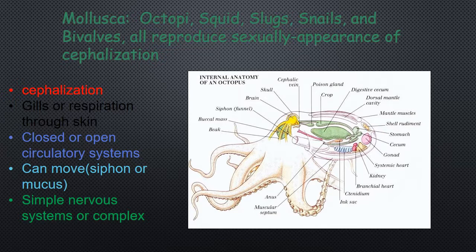They can have a closed or an open circulatory system. And closed is when the blood doesn't come in contact with anything else. They can move, and they move either through a siphon, which is like how an octopus moves, or through mucus, which would be how a slug moves. And they have a simple nervous system, or some of them, like an octopus, have a complex nervous system, and octopi are pretty amazing animals.